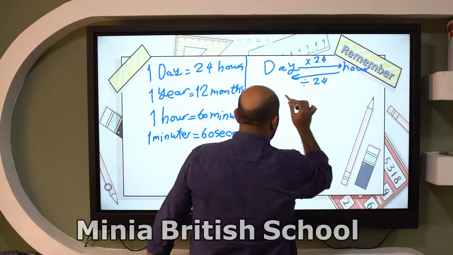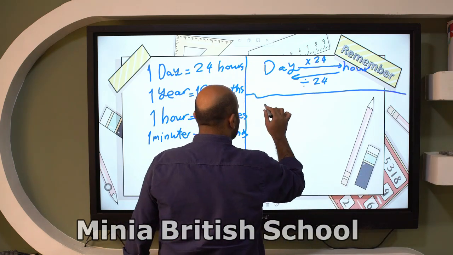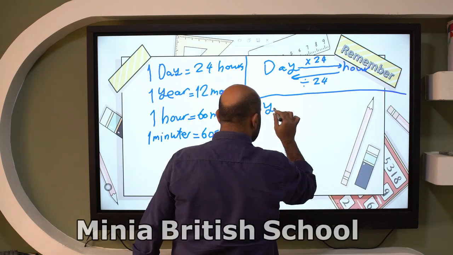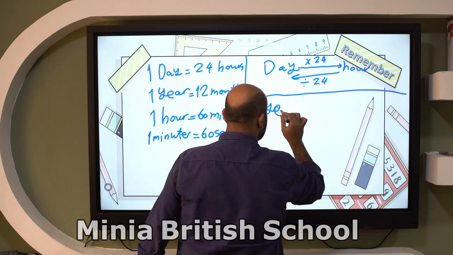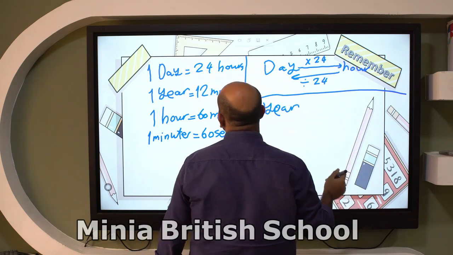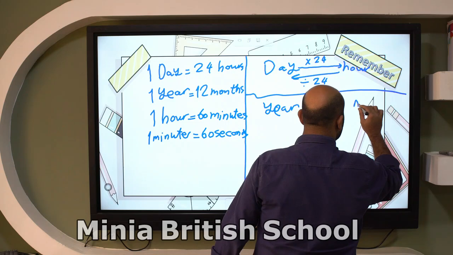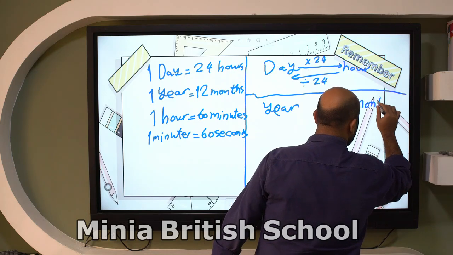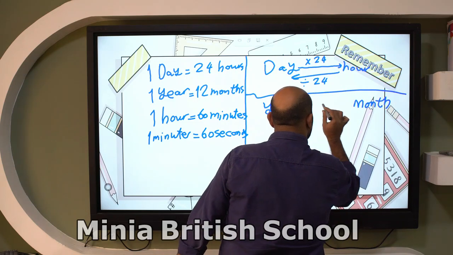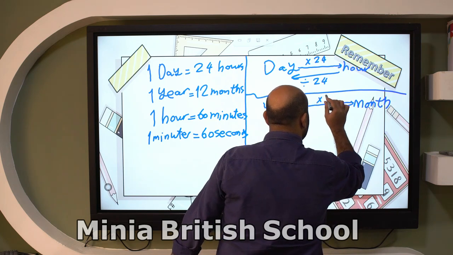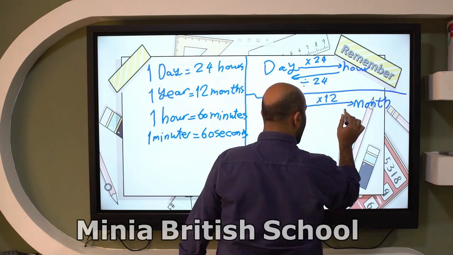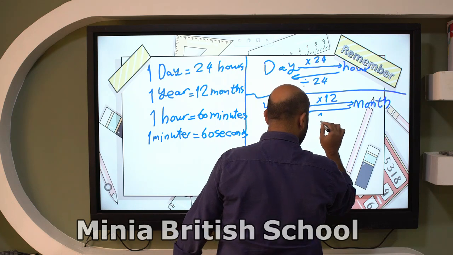The same way, if I want to convert from year to months, I have to multiply it by 12. What about the inverse? I have to divide it by 12.